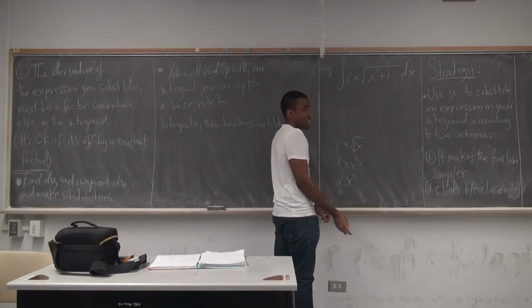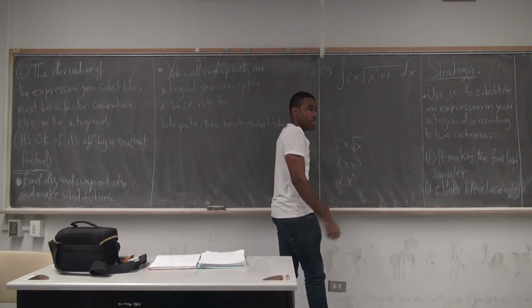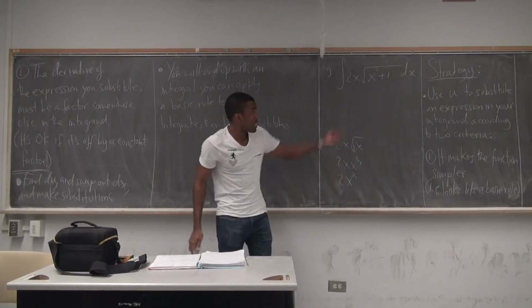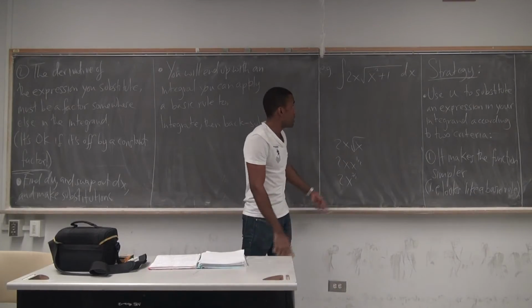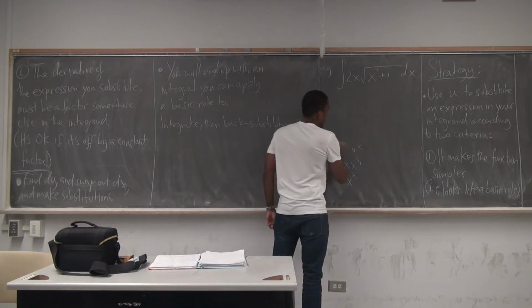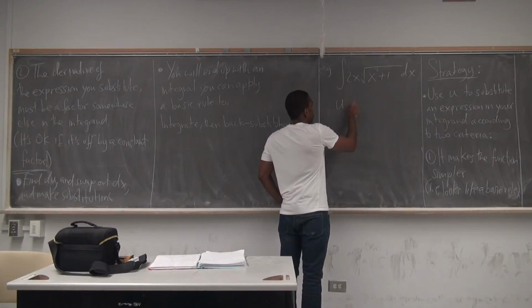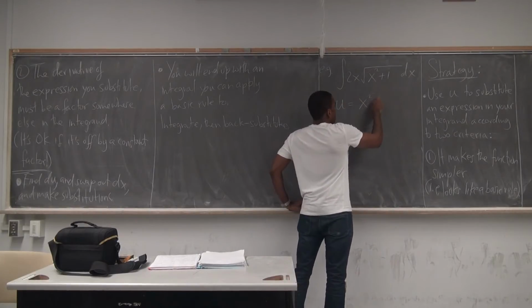It's not just the radical that makes it complicated. It's the thing under the radical. I can write a radical as a power at any given time, but the fact that there's a sum under the radical, that's what makes it complicated. So now I start to think, well, maybe I can just substitute that. Let u be the thing under the radical.